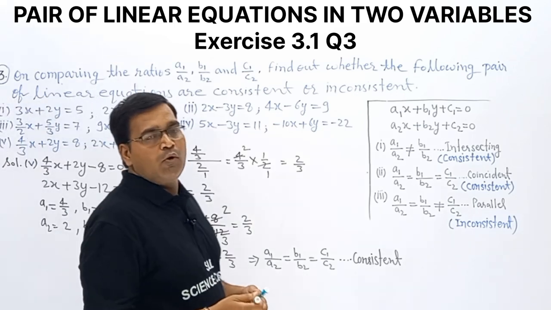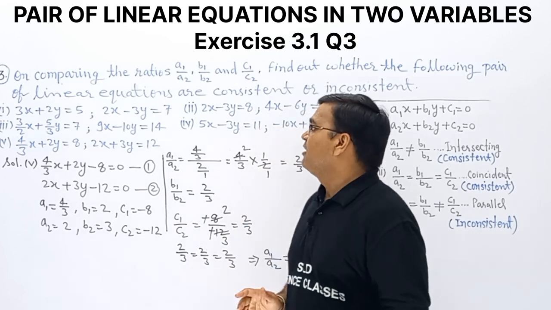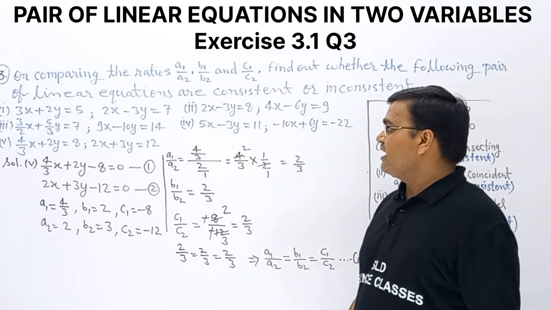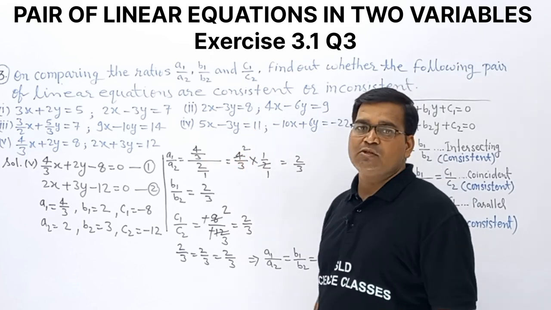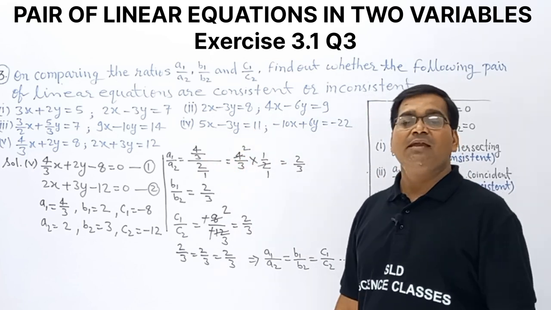So we discussed question number 3. In this question 3, what are we doing? We have pairs of linear equations and want to check which one is consistent and which one is inconsistent.